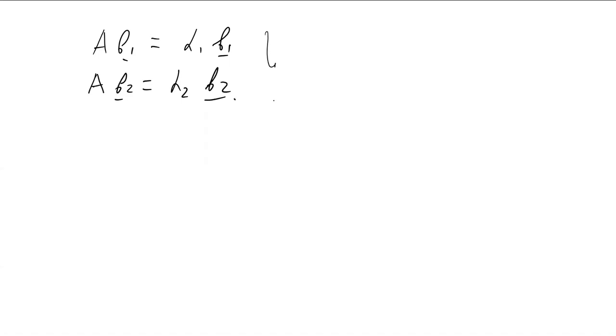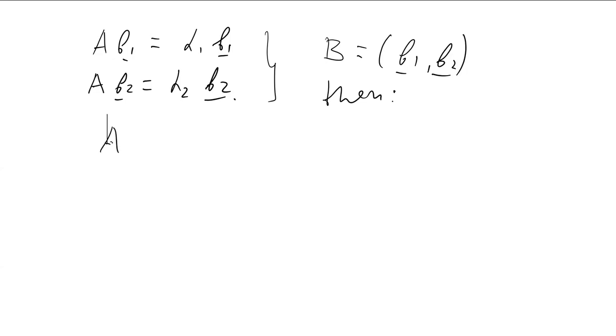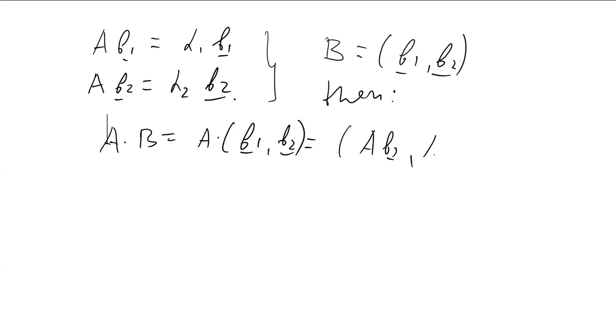So if we introduce matrix B with columns represented by vectors b1 and b2, then matrix A times matrix B will be equal to A b1 as the first column, and the second column, A times vector b2.